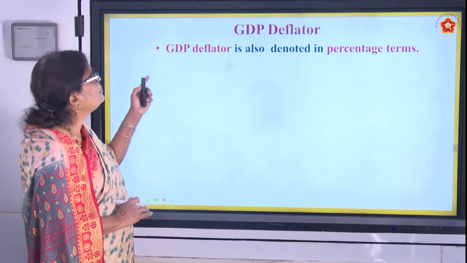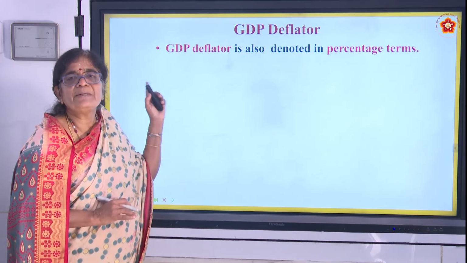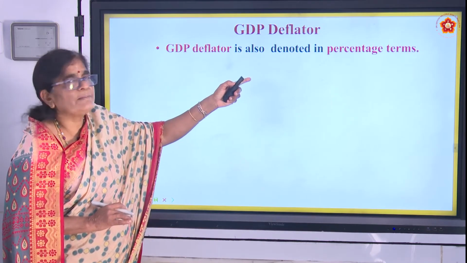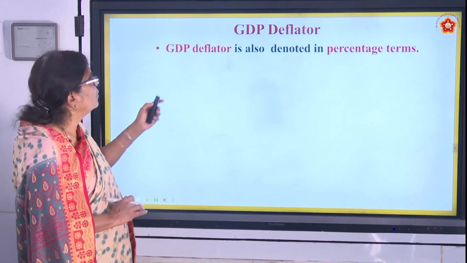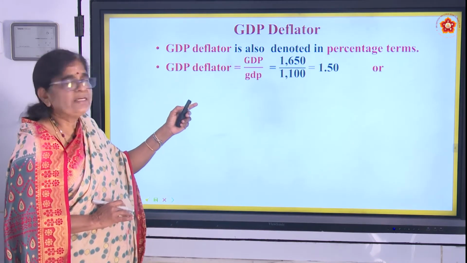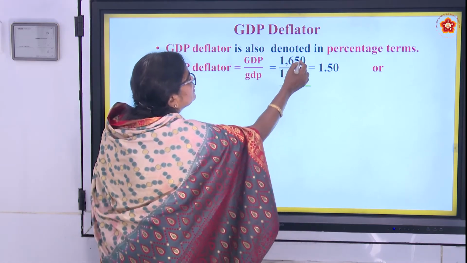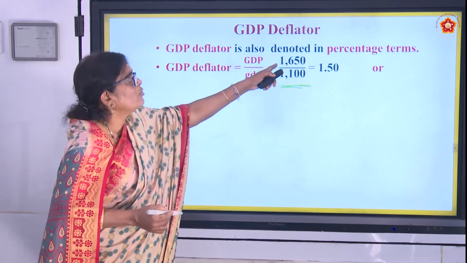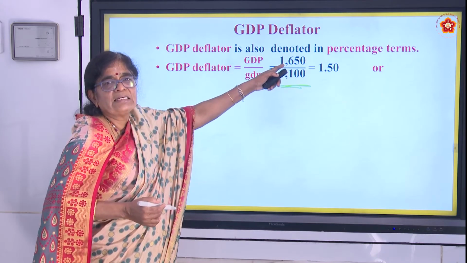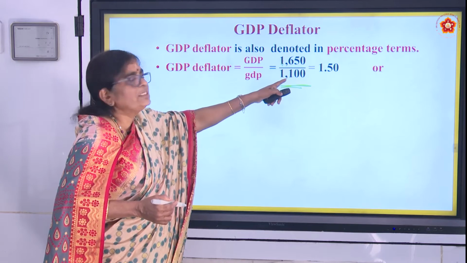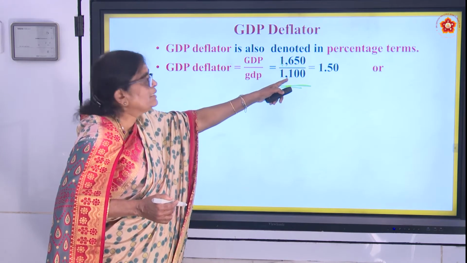And GDP deflator we can denote in percentage terms, or just as a ratio. Here 1650 divided by 1000: 1650 is the nominal GDP, and this one is the real GDP.